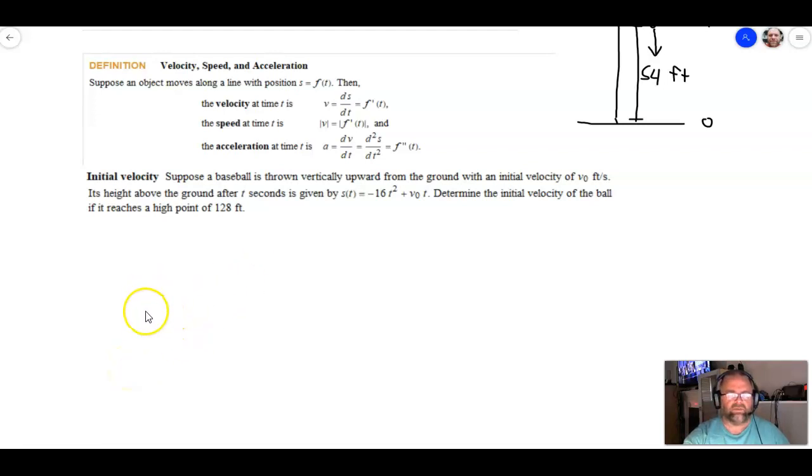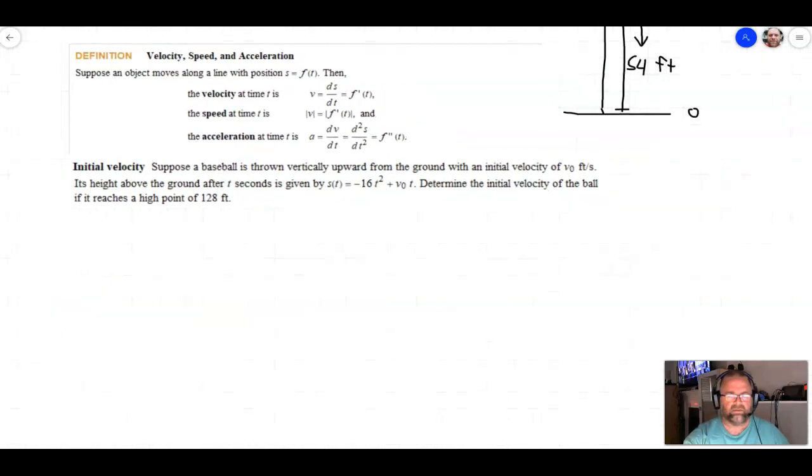All right, so we know that we're on ground level here. Let me use my pen here. I like to draw these out. So I'm standing here on ground level, and I am throwing this ball upwards with some initial velocity.